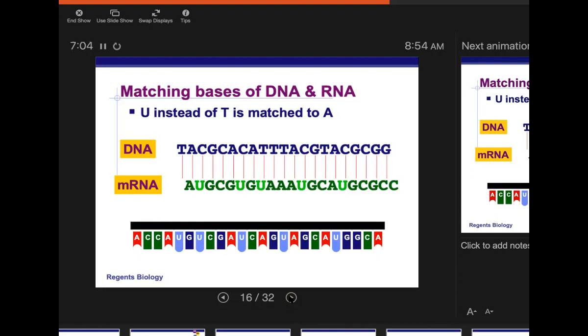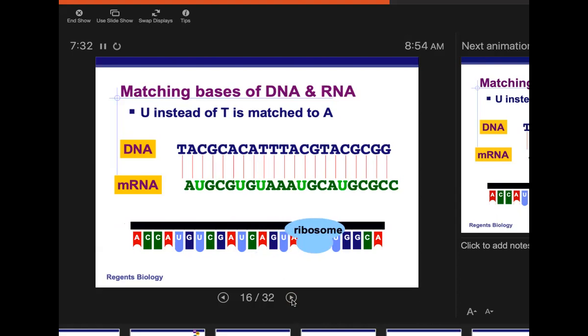What's the other way you can tell that this is RNA? How many strands does it have? Only one, right? And so if it is existing as a single strand, then you know that is mRNA, or RNA.